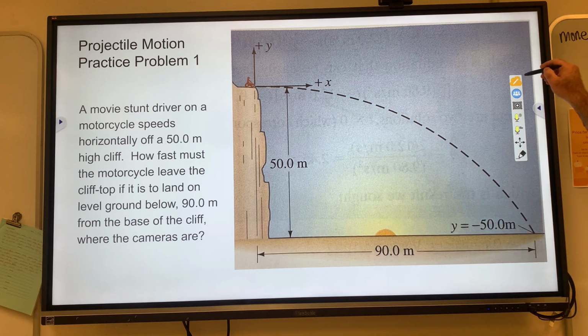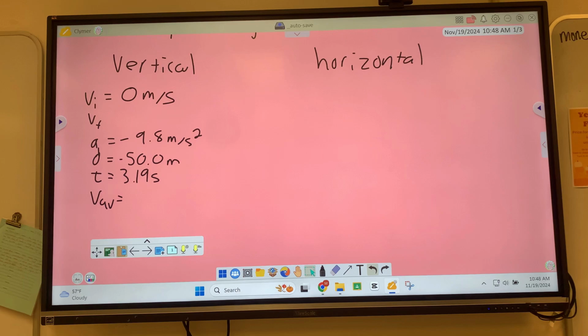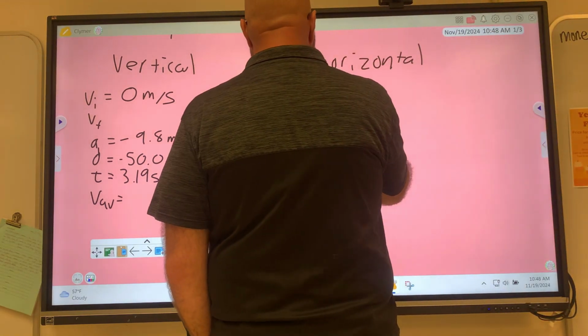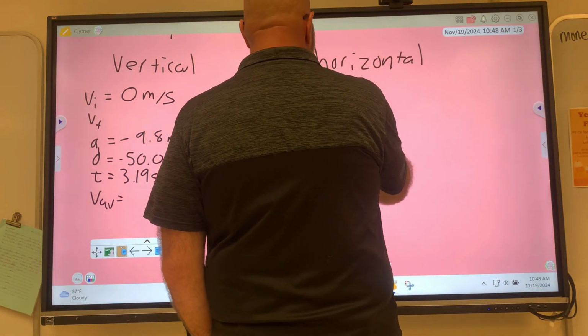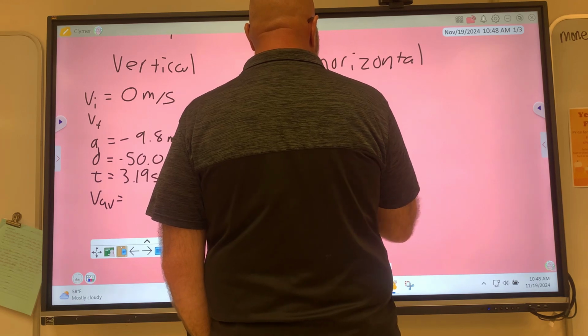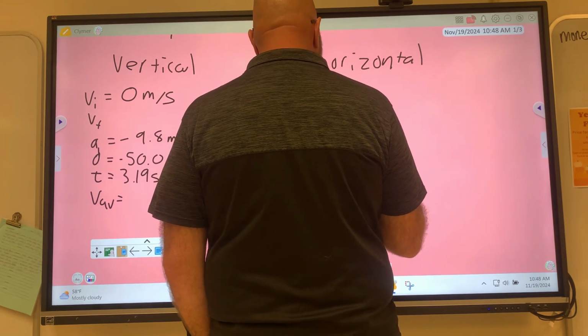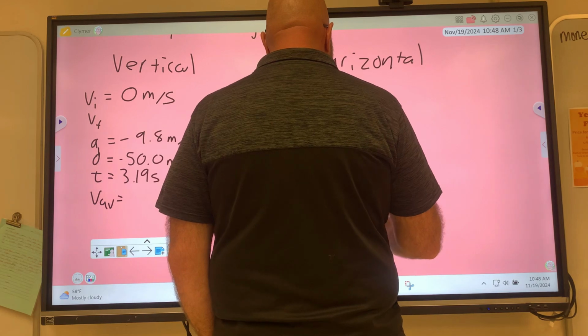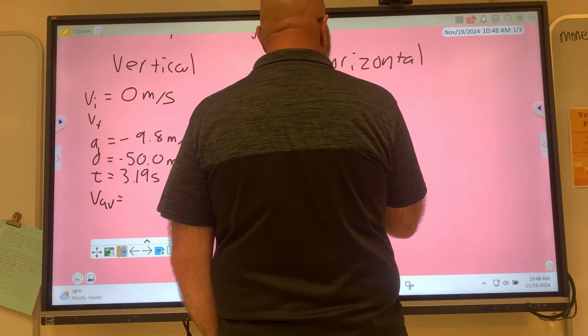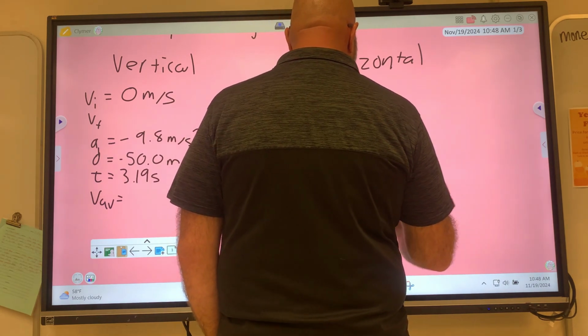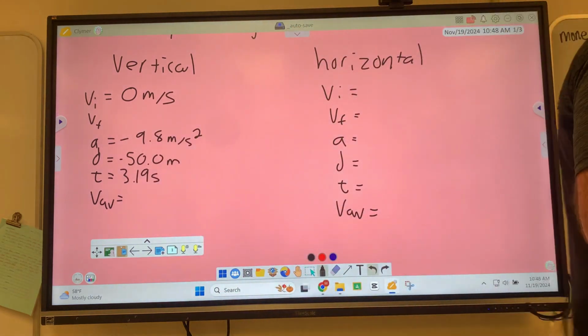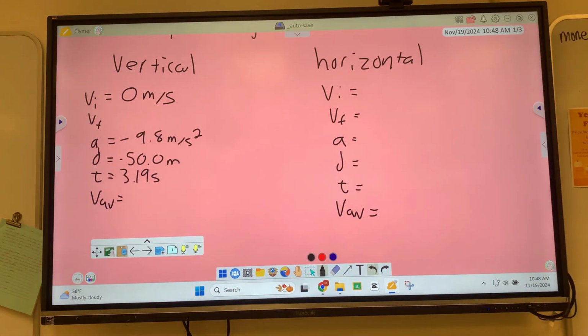So for our motion in the horizontal direction, I, V, F, A, D, T, V, F. Let's see what we can fill out here. Do we know the initial velocity?